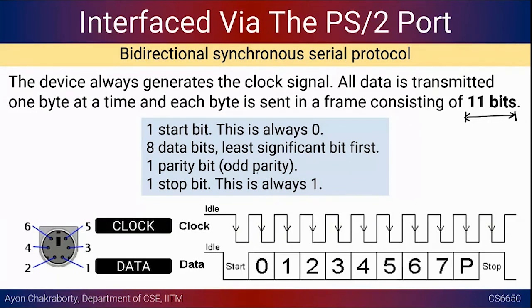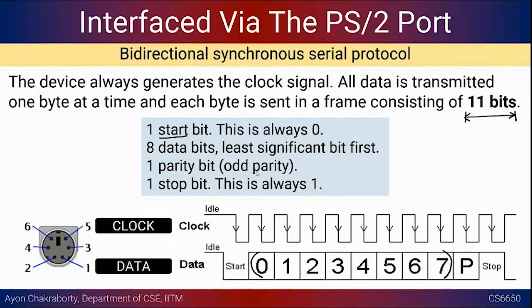So there are 11 bits. It will start with the first bit, which is 0. It's known as the start bit. Then there are 8 data bits, so 0, 1, 2, 3, 4, 5, 6, 7. So this is basically a byte that the device is sending. Then there is a parity bit. Basically, you want to make the total number of bits odd.